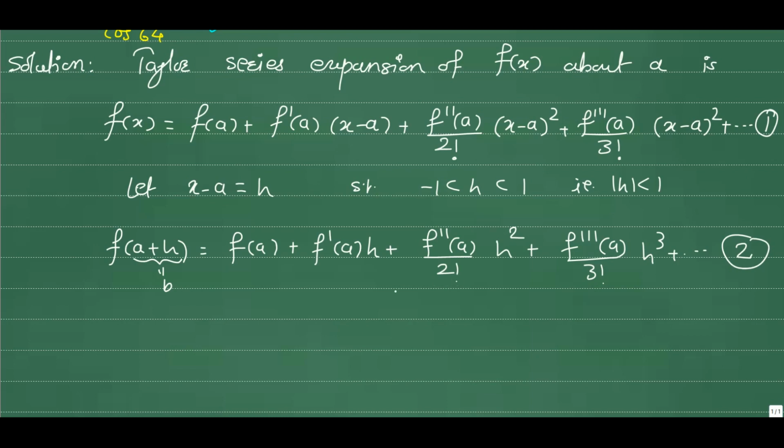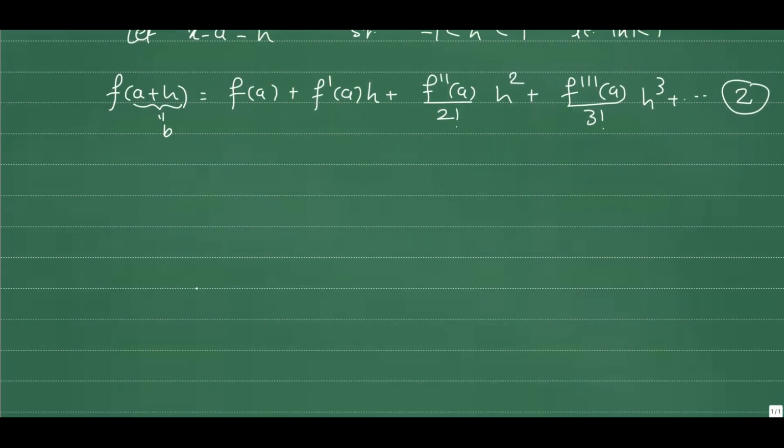Alright, so using the second equation, we will find this cos of 64. For that, let f of x be cos of x, this is our function. So we have to find f of a, so we have to decide what a and h are.